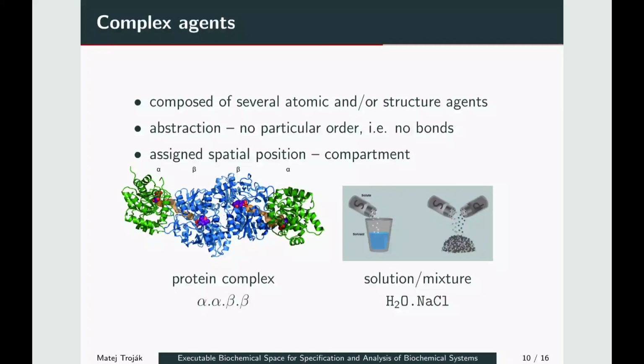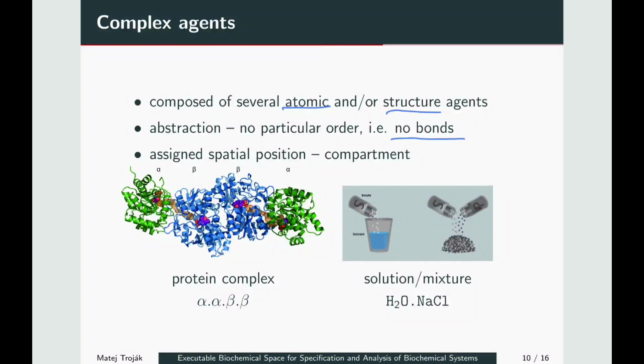Finally, there is complex agent, which represents coexistence of atomic or structure agents. It is important to note that this is really a general coexistence. It doesn't express any particular order or any binding information.